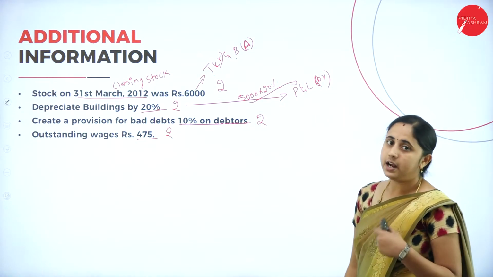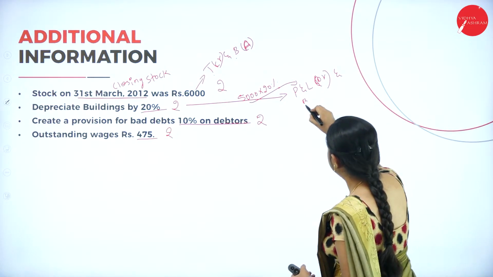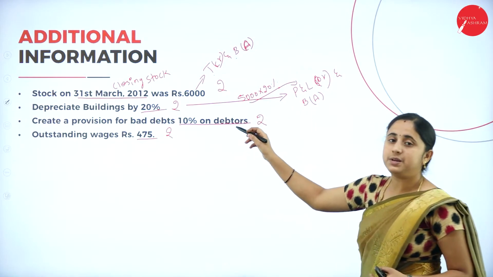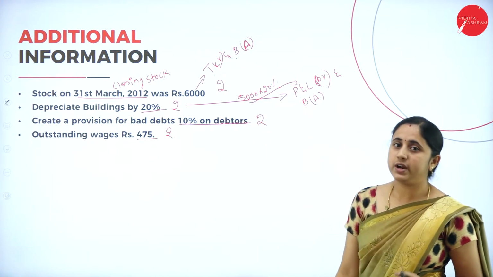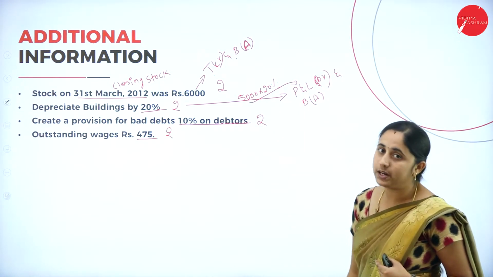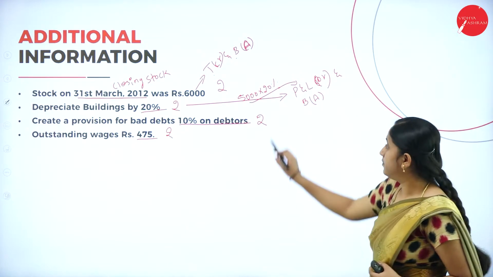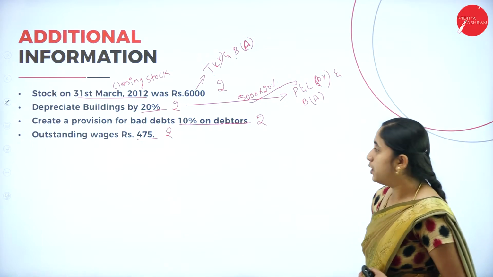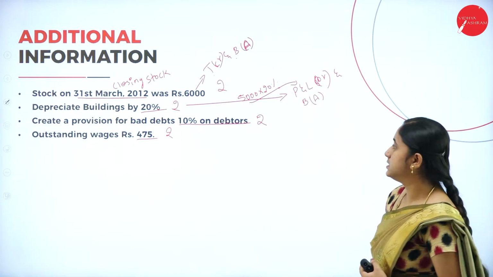Again in the balance sheet asset side, from the building you will deduct this 5,000 into 20%. The amount you get after calculating, you deduct from the 5,000 building amount. So I will consider profit and loss account and balance sheet asset side.